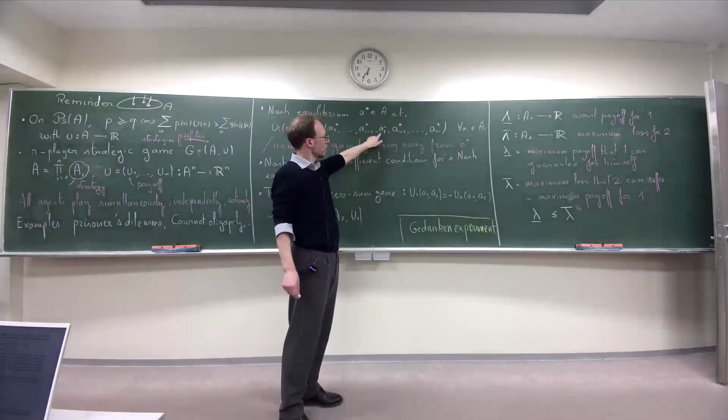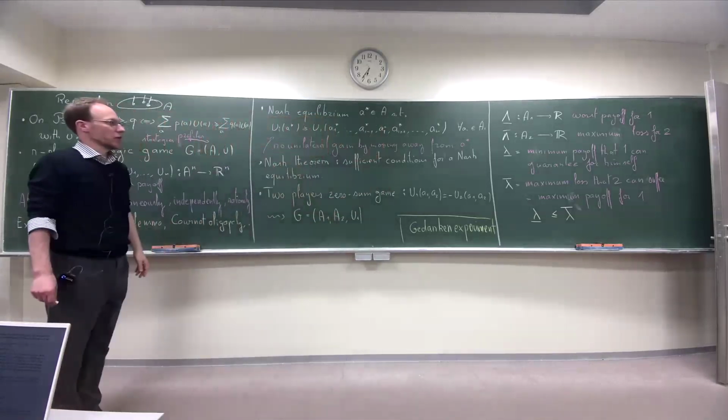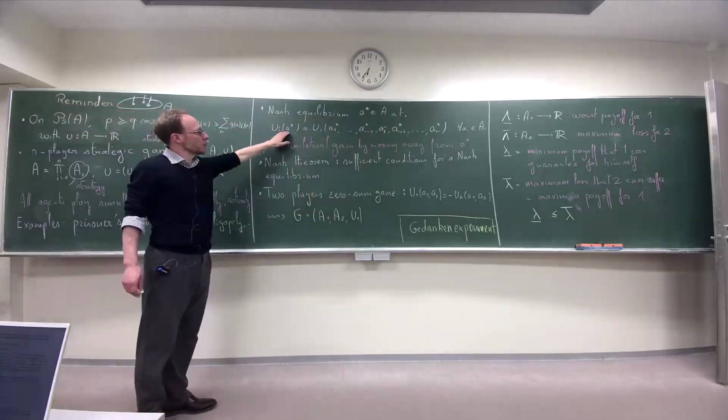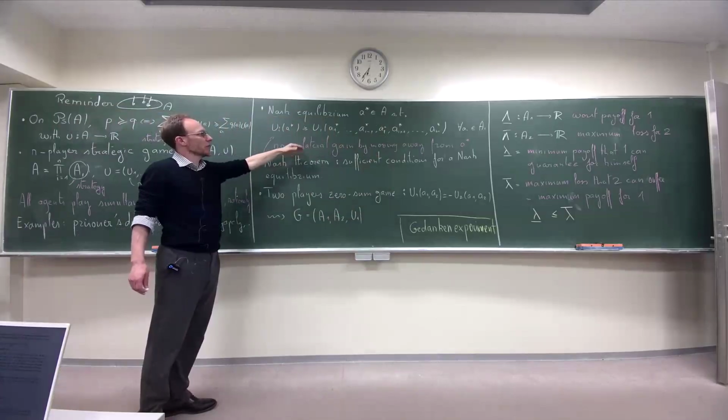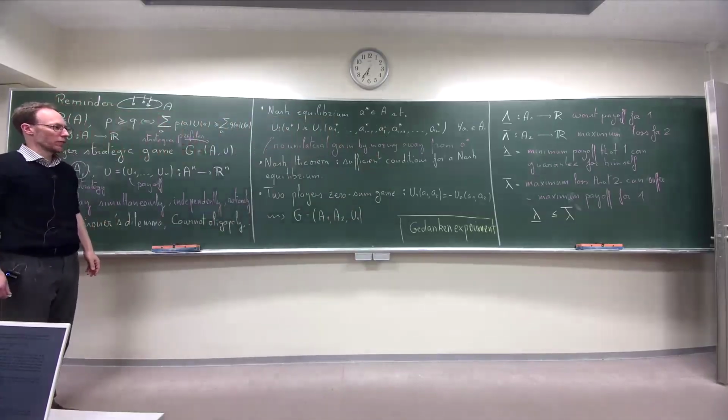So you take all possible values for this variable, and at this point it has to be bigger or equal. And the idea is if you move away from this point, by definition, you cannot gain anything if you're the only one moving away from this point.